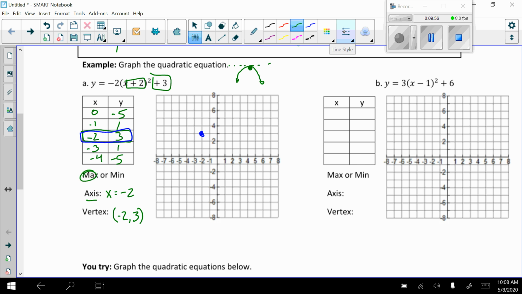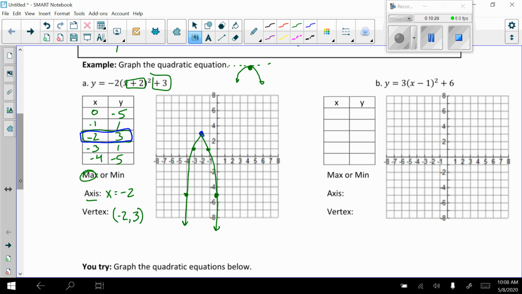Now let's go ahead and plot all of my other points. -1, 1, back 1, up 1. 0, -5, I'm at 0 and I go down 5. -3, 1, I go back 3 and up 1. -4, -5, I go back 4, down 5. All right, so I got my points, and now I'm just going to draw in a parabola. And that is my graph, okay?